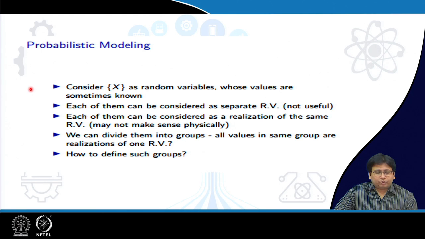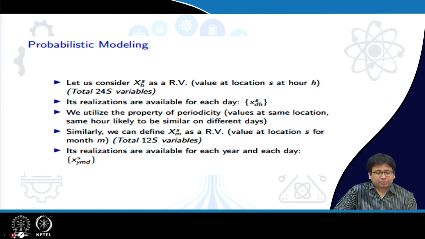So we will try to address some of these questions in the next lecture, and then we will use the idea of probabilistic modeling. What we already have is the data at certain locations and at certain time points.